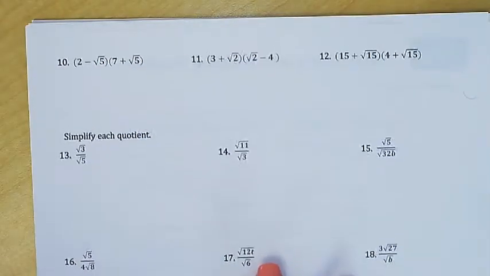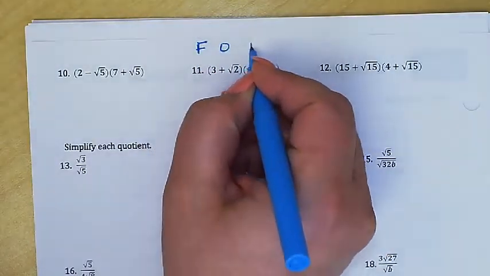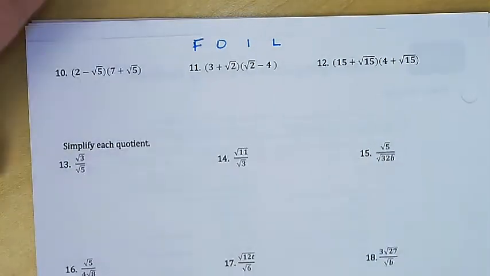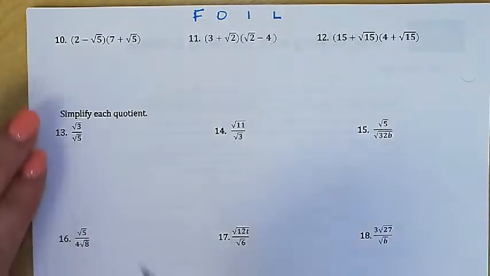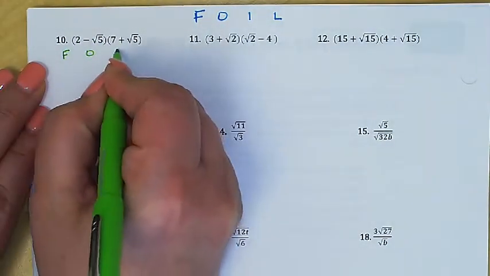And I always say this, I use the word FOIL, but you could use the box method, the vertical method, the distributive method. I just call it FOIL for short, but I gave you lots of options, and you can always use the one for the multiplication that you like the best. But I do like FOIL, so I am going to FOIL this.